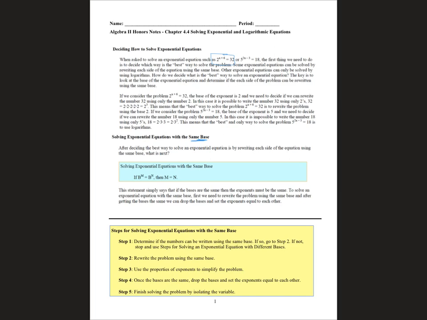So this first page tells you that if you can rewrite each side of the equation with the same base on either side of the equal sign, then there's a method to easily solve exponential equations.